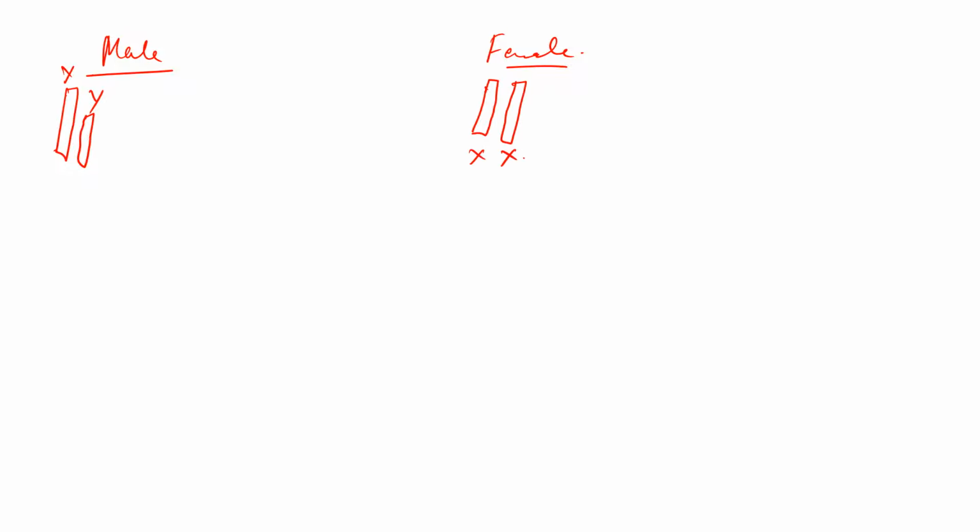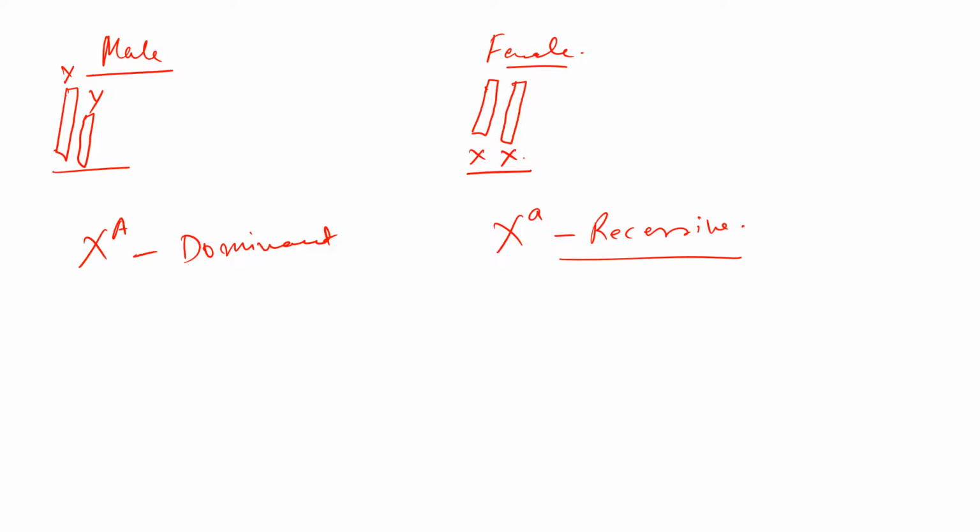This is X, this is X. Let's say this X chromosome has a pair of alleles, so we denote X capital A for the dominant allele and X small a for the recessive allele. So in order for females to be affected, she must have homozygous recessive alleles.